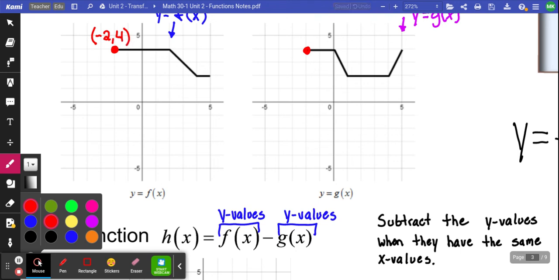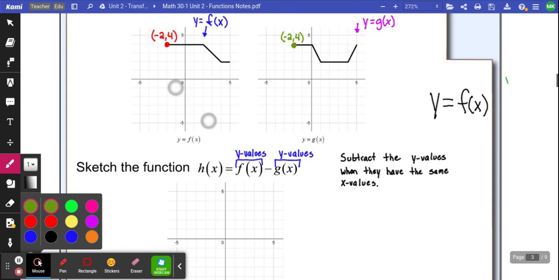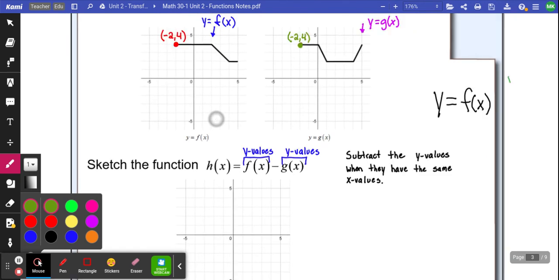On g of x, that is negative 2, comma 4. Those have the same x value. So if I wanted to find my new point, I would subtract those y values. So 4 minus 4 would be 0. That point would now be at negative 2, comma 0, right there.